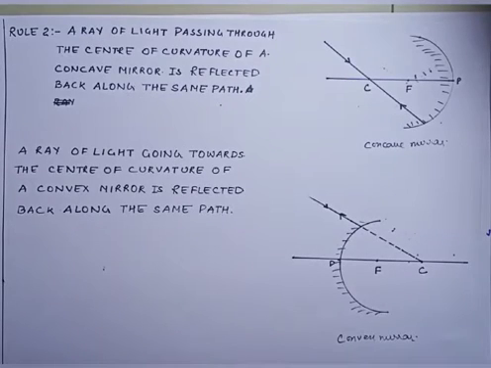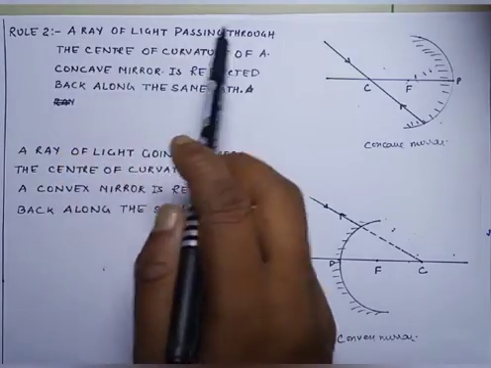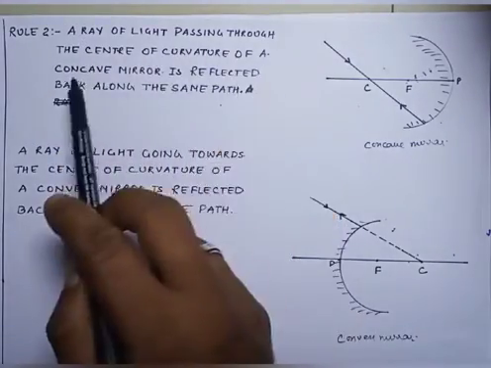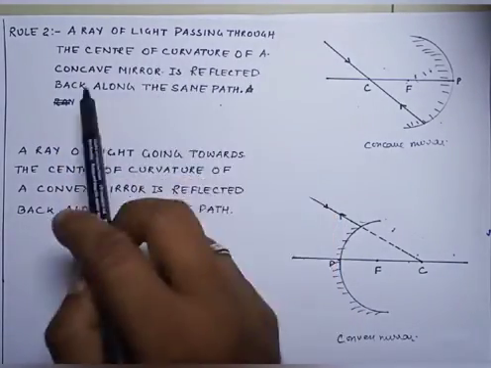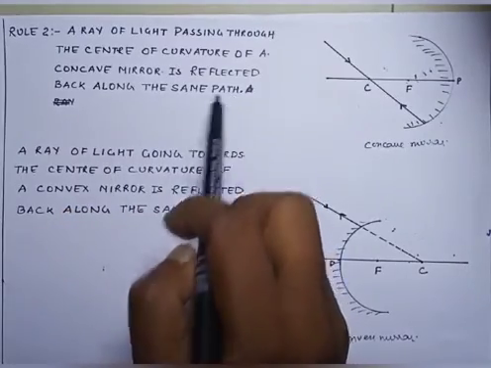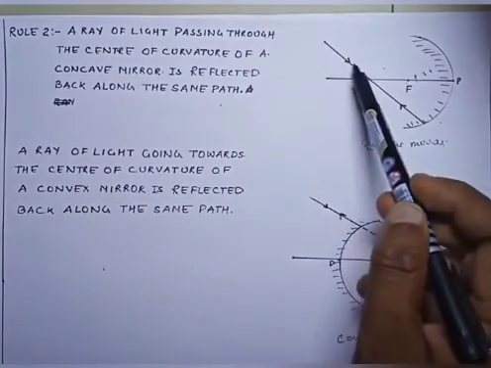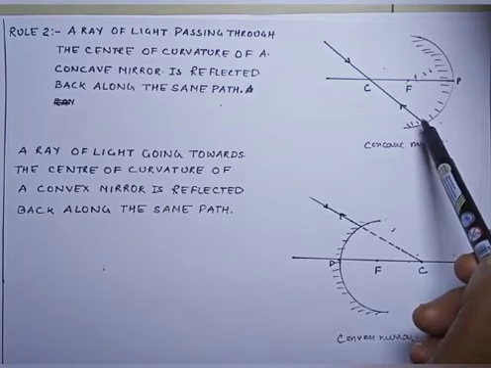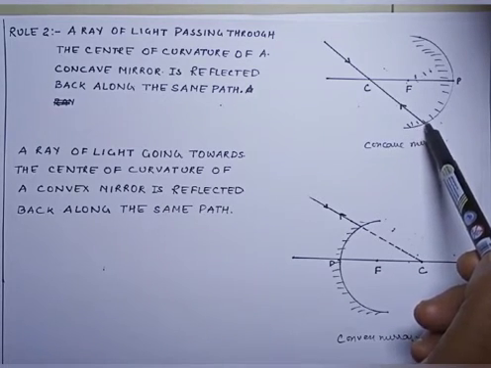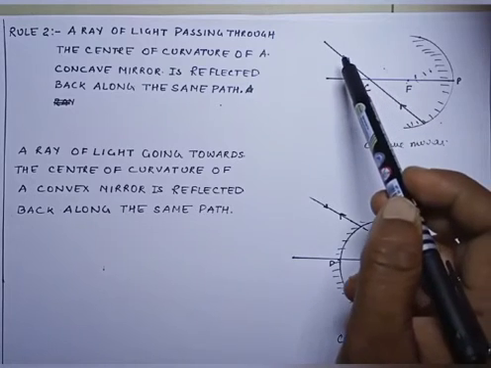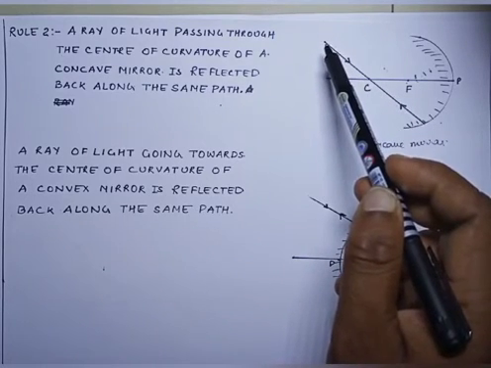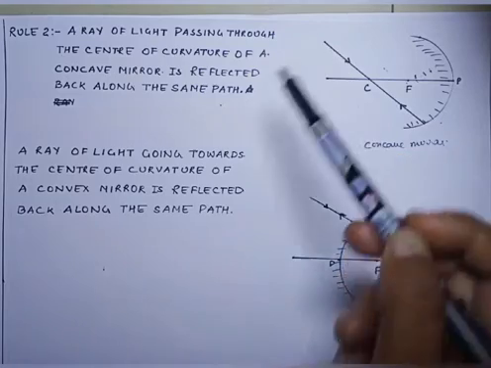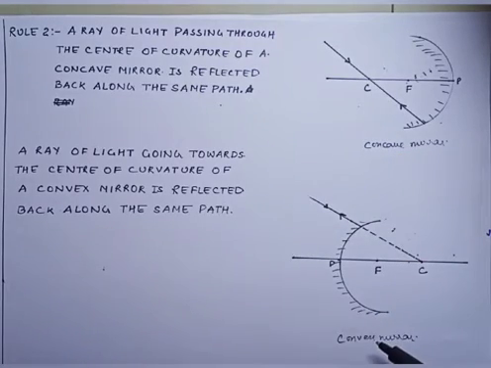Let us move to another rule for concave mirror, that is, a ray of light passing through the center of curvature of a concave mirror is reflected back along the same path. If a ray of light passing through the center of curvature strikes the mirror, it is going to reflect back through the center of curvature. Let us see the same rule for convex mirror.